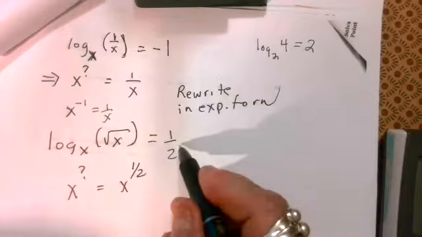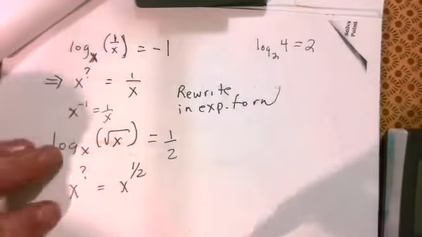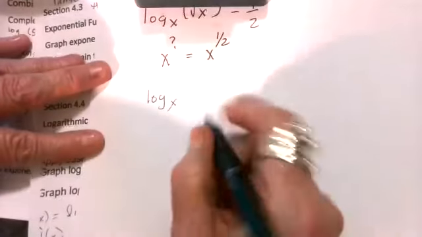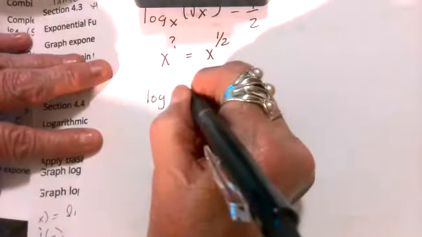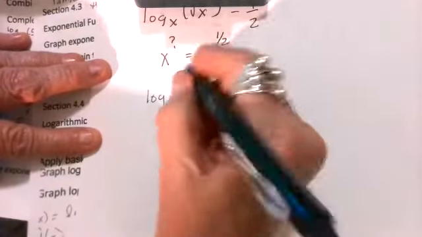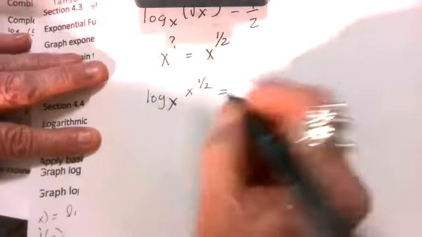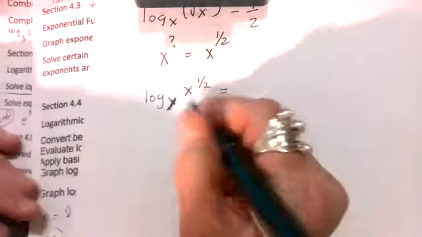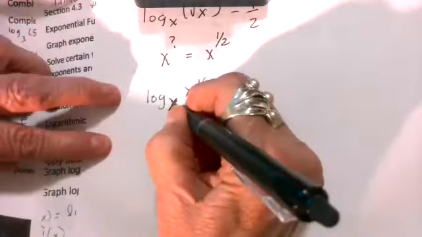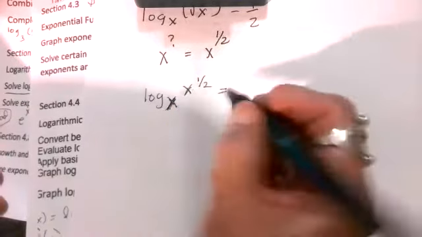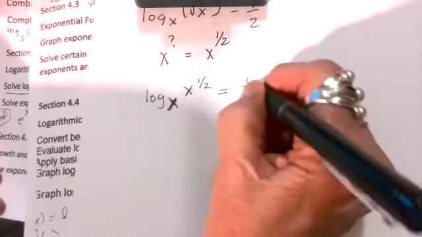Well, remember that the square root of x is the 1/2 power. And then remember that there's a property that if you're taking the log and the base is the same number as in the exponent in the argument, the answer is just going to be whatever this exponent is.